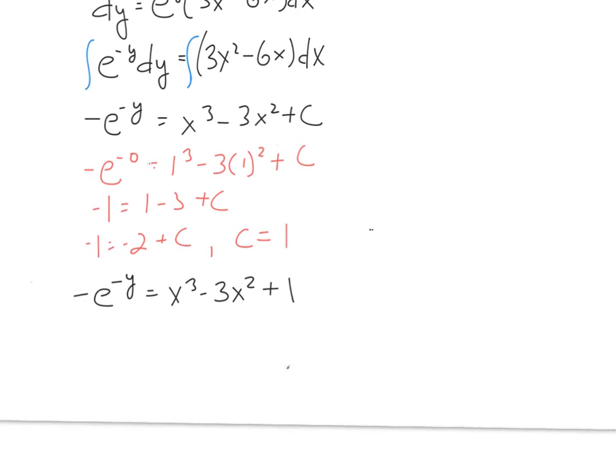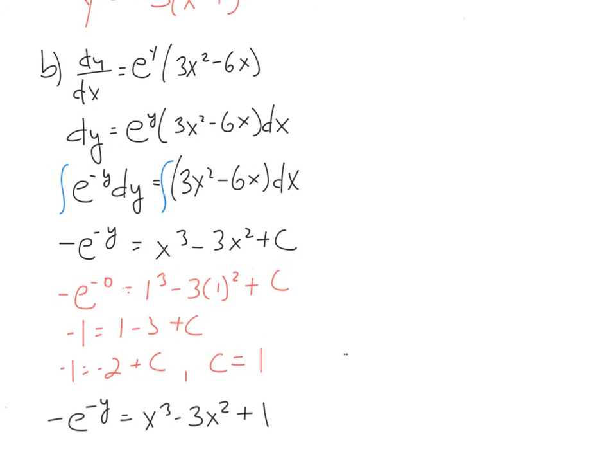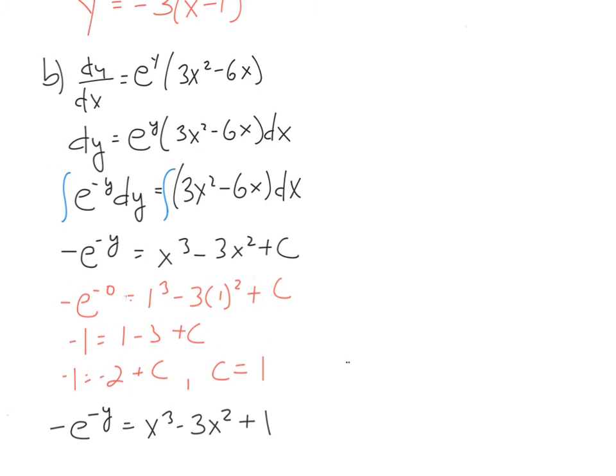And now we will solve for y. So first I'm going to move that negative so that we get e to the negative y equals negative x cubed plus 3x squared minus 1.